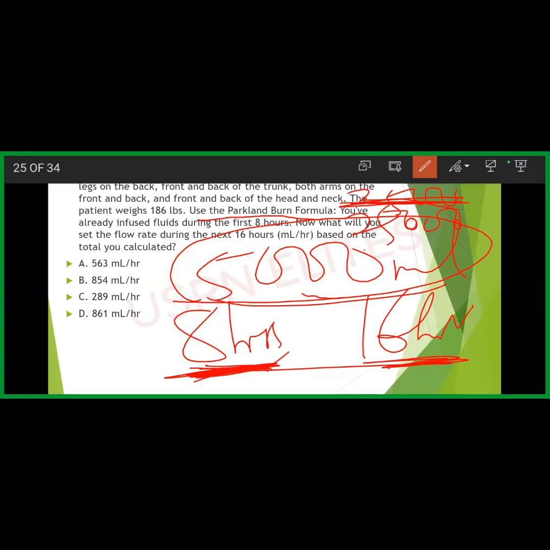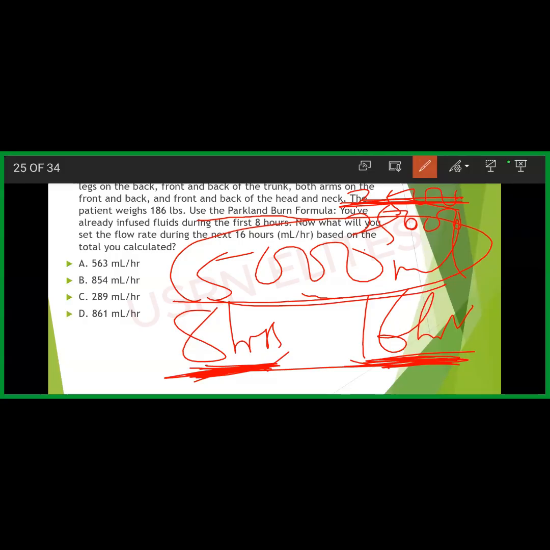Then you spread the rest within the rest of the day, so 16 hours. The remaining 2,500 is what you then divide by 16, so that you get the rate if you're using an infusion pump.